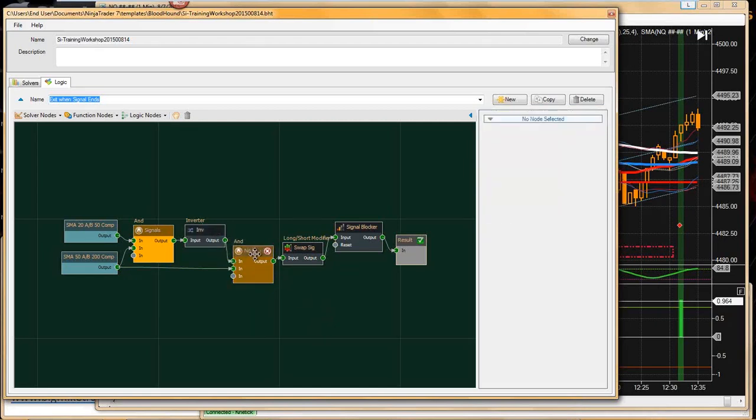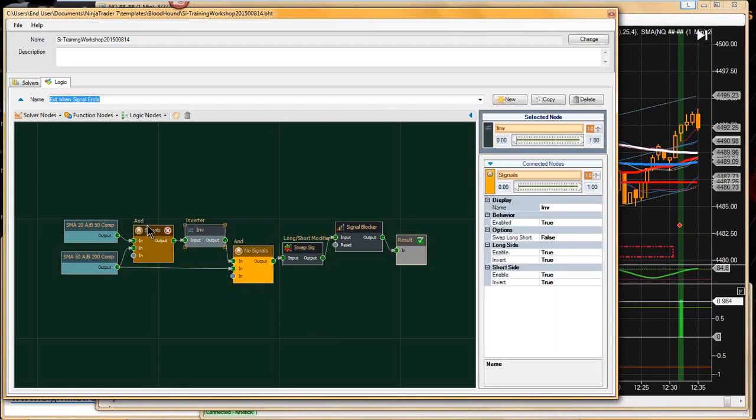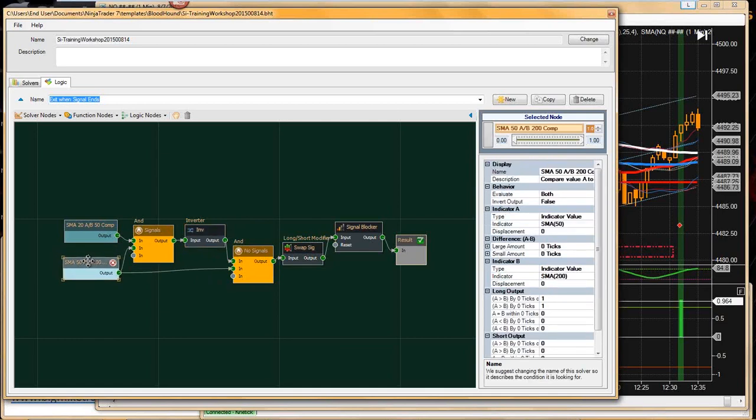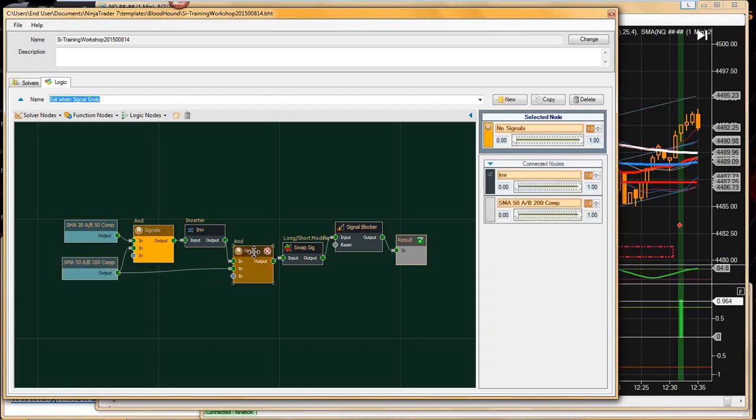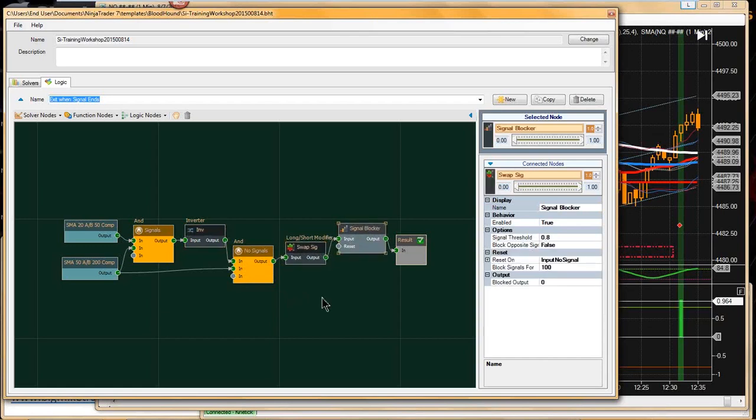All right, so to get to the no signals, I had to invert the signals, and then I cleaned it up by using one of the solvers to clean up the invert. Then I had to do some more signal manipulation, and then put it through a signal blocker.